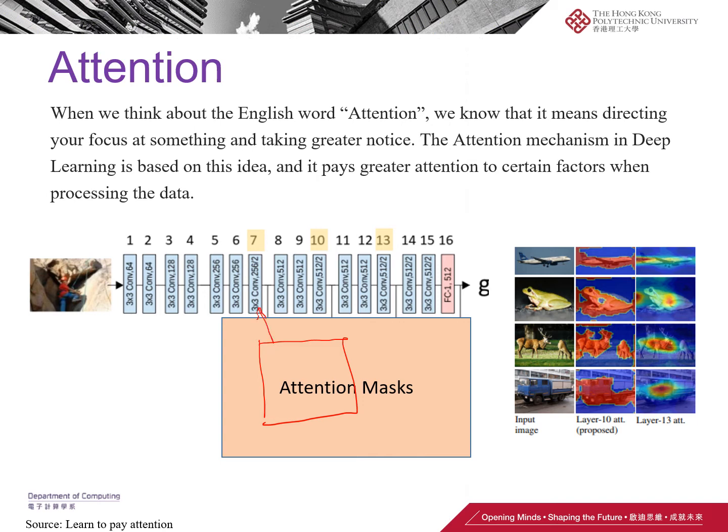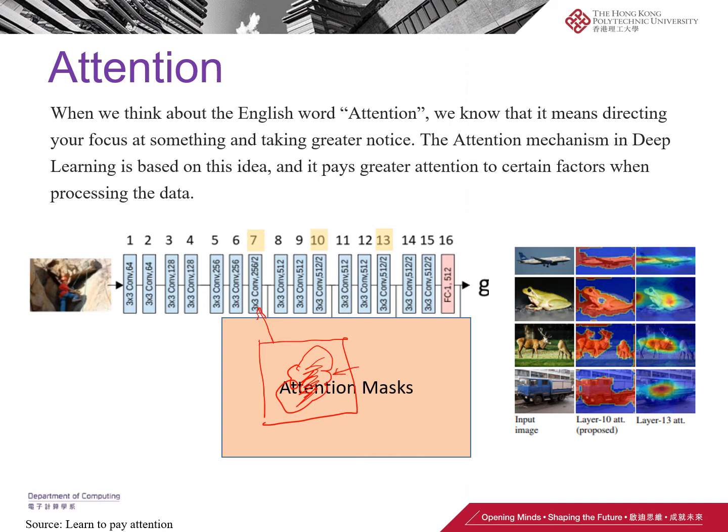So in case we want the feature map to focus on some part of that feature map, we can give higher weights on this part, and give smaller weights on the other parts.